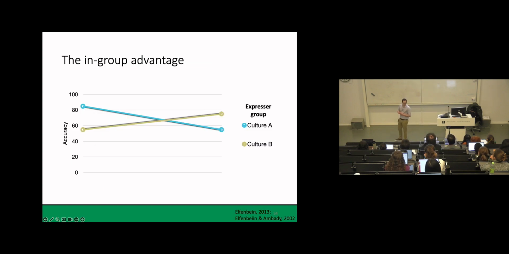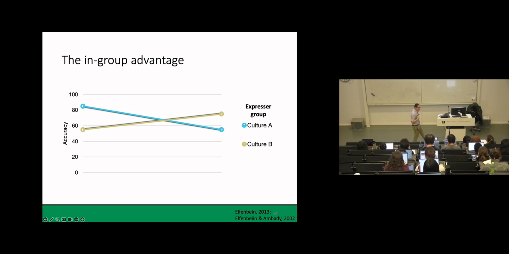And now we're going to talk about how, even though these expressions are very generalizable across cultures, it doesn't mean that culture doesn't play a role. I want to be crystal clear about that. So we often find evidence of an in-group advantage. And what you're going to see here is that if I'm from culture A, and I'm perceiving someone from culture A, I'm going to recognize them better than someone from culture B. Right?